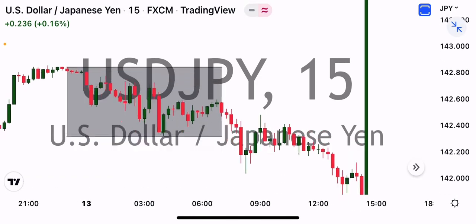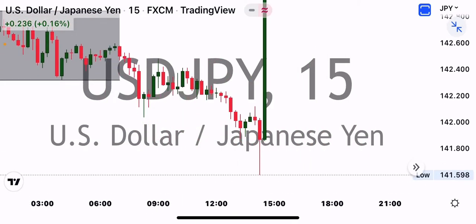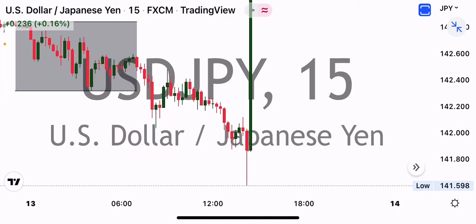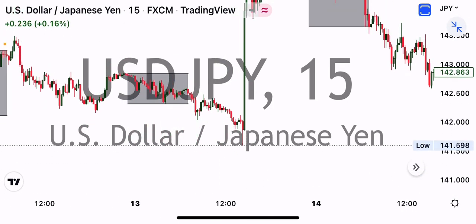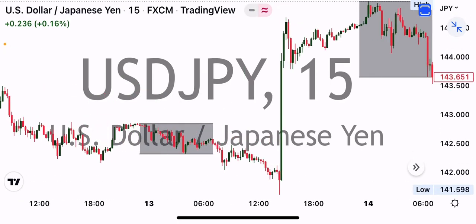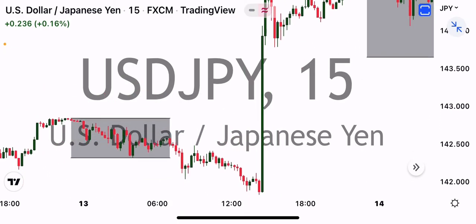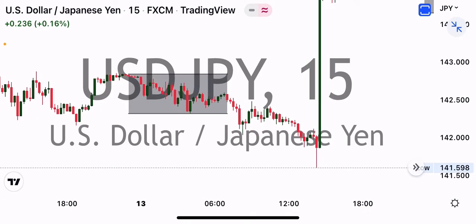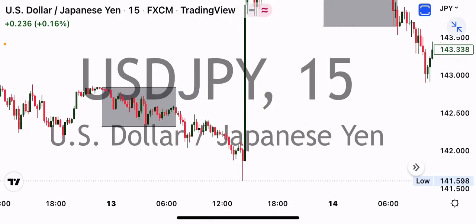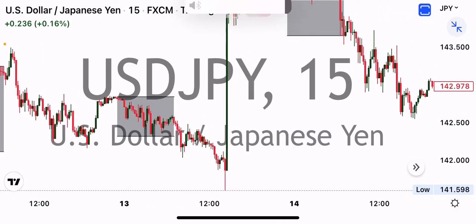The first pin was here, and then the second pin, and then the last pin. After the last one, look what happened. The market shot up and took out all of these traders with just one candle in 15 minutes. But just check how long it took for the market to work this range. So these are very powerful setups.